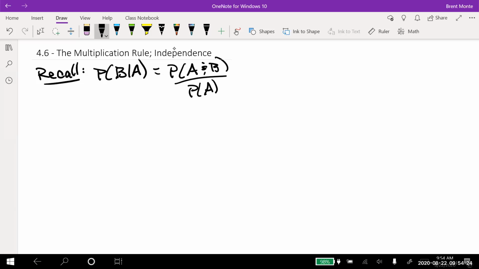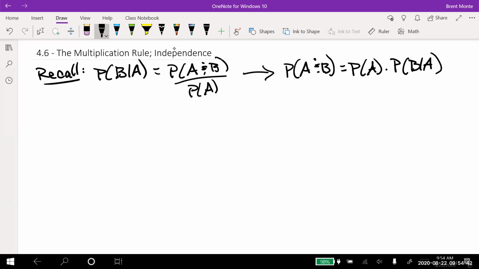Okay, so we start there. But if I do a little math from there and I multiply both sides of that equal sign by the probability of A, what I get, changing the sides also, is the probability of A and B is the probability of A times the probability of B given A. And so that's a formula that we can use if we're trying to find the probability of an A and B type of thing. So we have a formula right there.